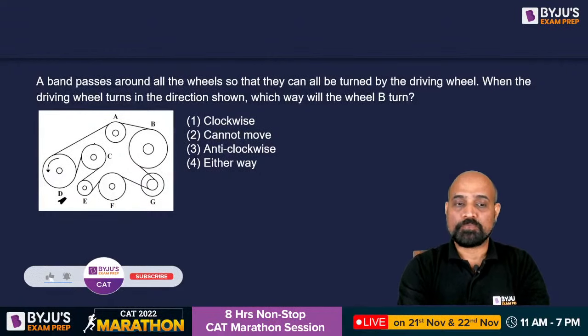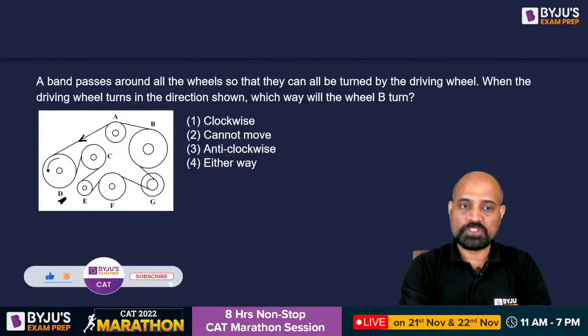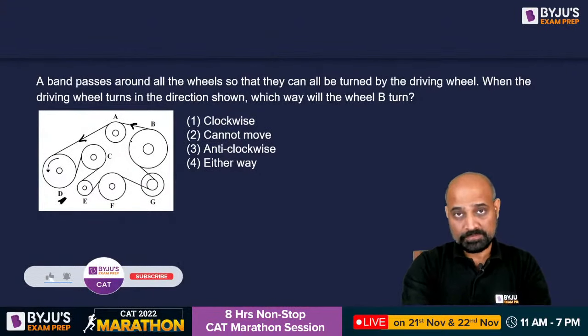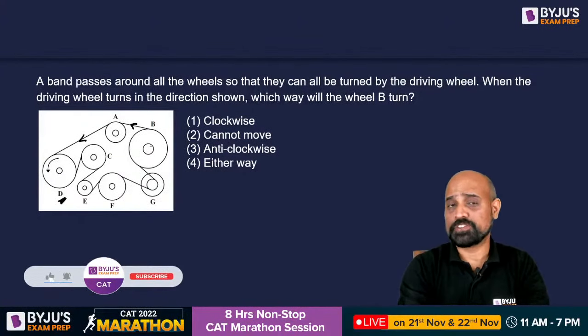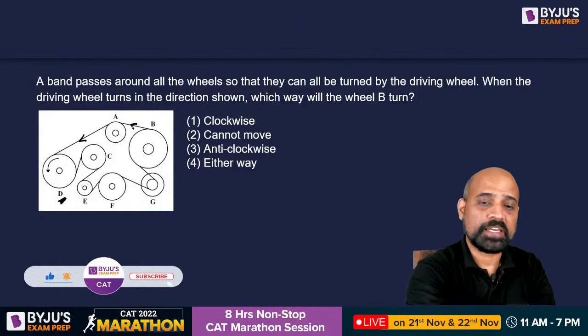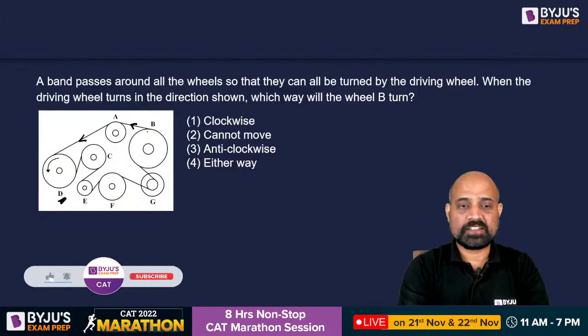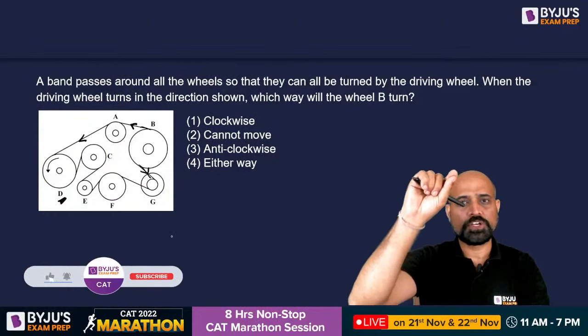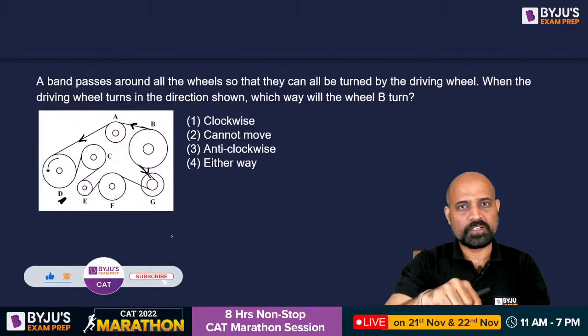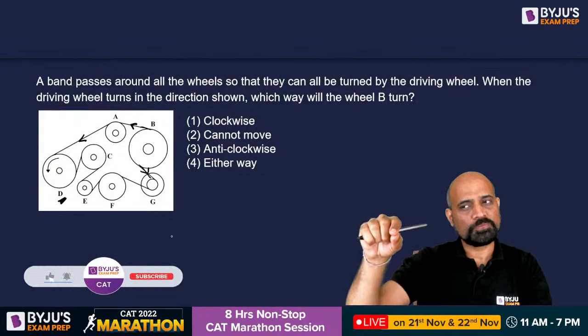Now, before you follow how the strings are going to be stretched in which direction, let's look at wheel B first. If you look at wheel B, you will realize that there is a string coming out from here and the other string is coming out from here. How is it possible? Because if it is going to be rounded around it, don't you think it should come from the same side?